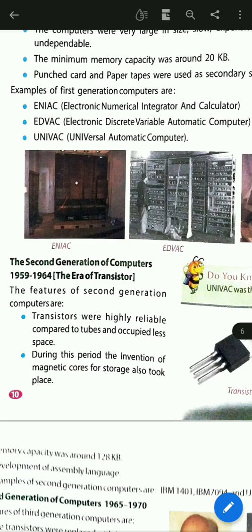The features of second generation computers are: transistors were highly reliable compared to tubes and occupied less space. During this period the invention of magnetic cores for data storage also took place.